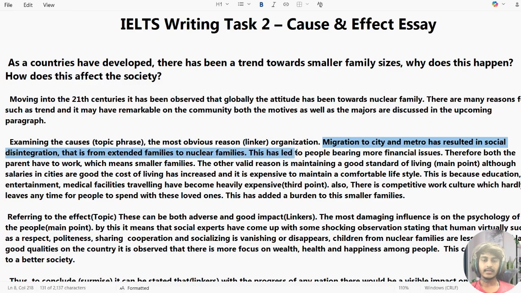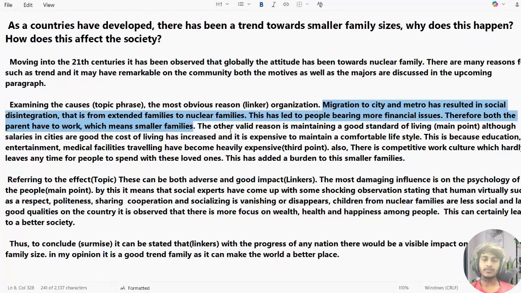This has led to people bearing more financial issues. Therefore, both parents have to work, which means smaller families. The other valid reason is maintaining a good standard of living. It is a main point.